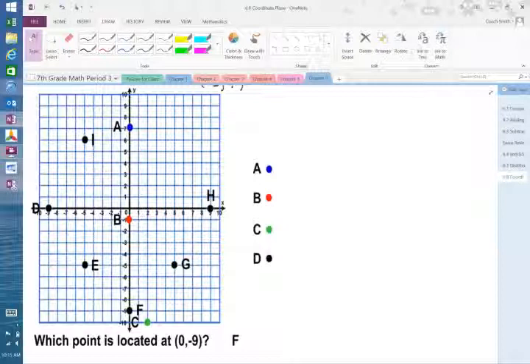G. So this is 5 and -5. What I want you to do is give me the coordinates for A, B, C, and D on this graph. Put them on your paper. Look at the points and put down what you think the coordinates are for A, B, C, and D. And I want you to describe its position: quadrant 1, quadrant 2, quadrant 3, quadrant 4, x-axis, y-axis. So give me the coordinates and describe where it's located.